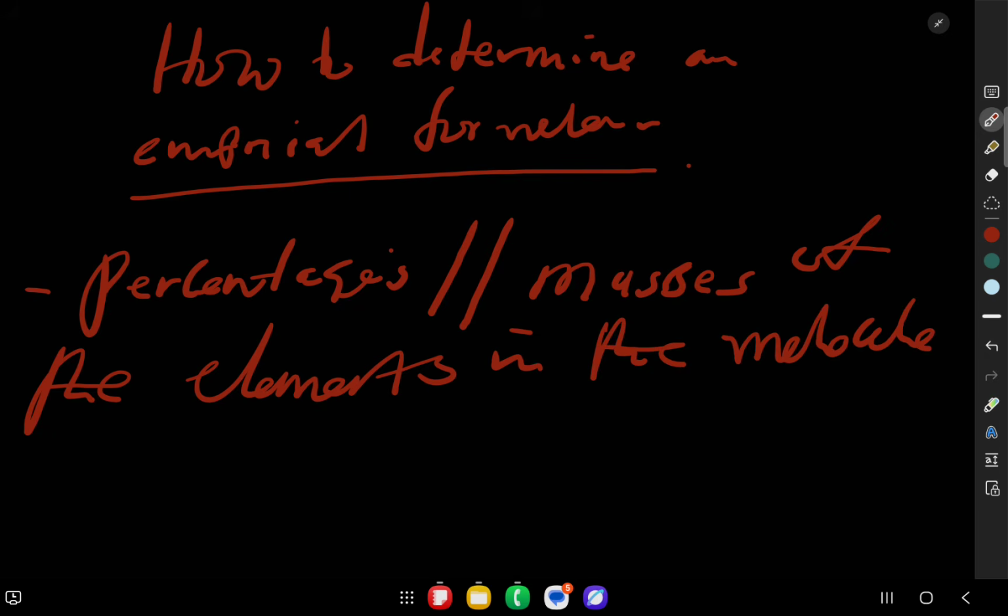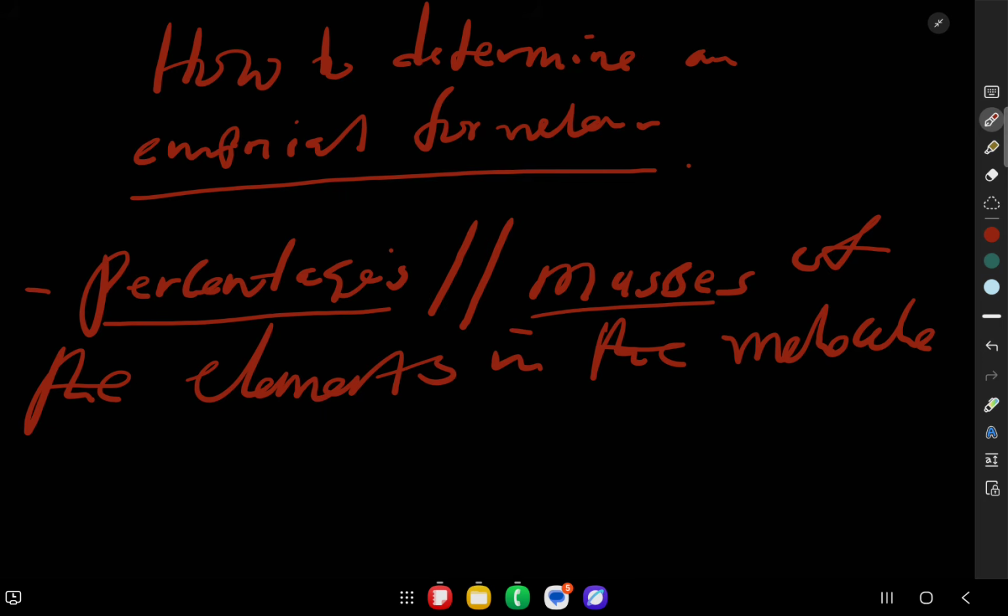So when they're asking you about the empirical formula or the molecular formula, what they're going to give you are percentages or the masses. Okay? So now, how do you work with these? It's either you'll be given the percentages or masses.